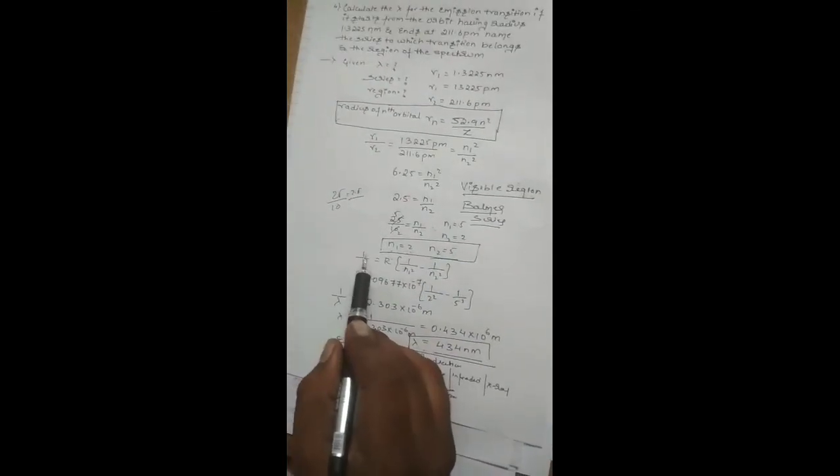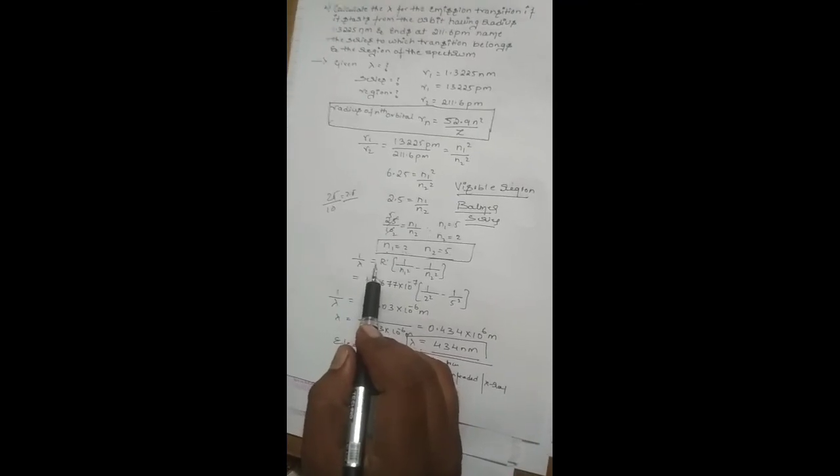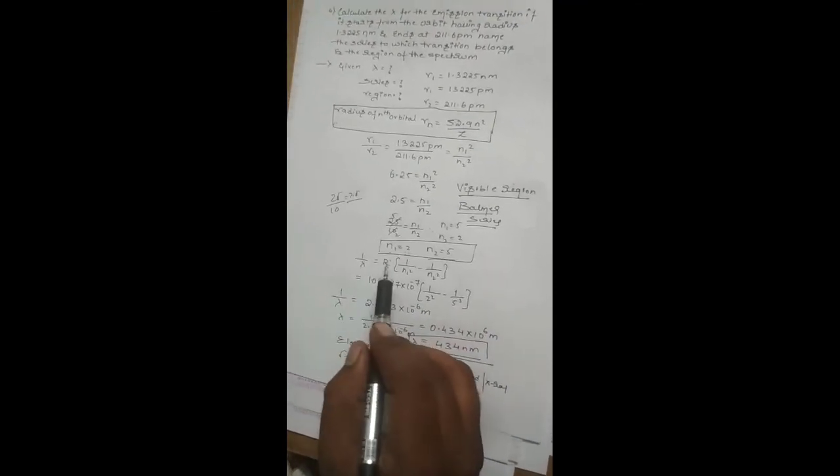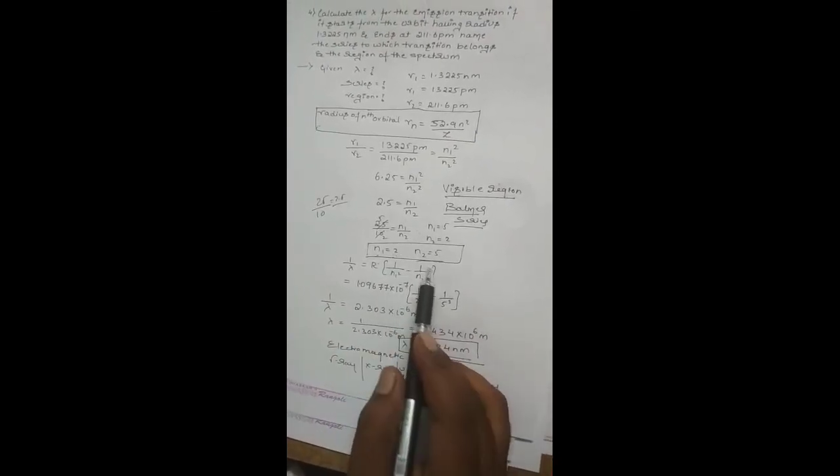Next we apply the Balmer equation: 1 by lambda is equal to R into 1 by n1 square minus 1 by n2 square, where R is the Rydberg constant, n1 is 2 and n2 is 5.